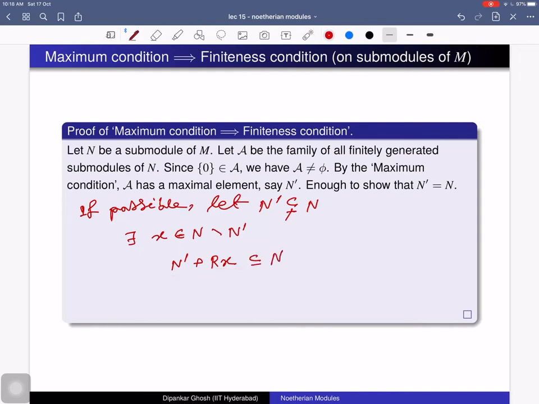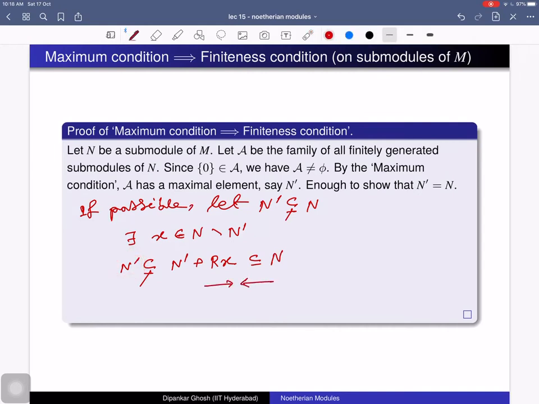and it is contained in N. Why? Because x is in N and N prime is also in N. So this submodule is contained in N, and this submodule strictly contains N prime, because x is in this submodule but x is not in N prime. So this is a finitely generated submodule of N which strictly contains N prime, and this is a contradiction.